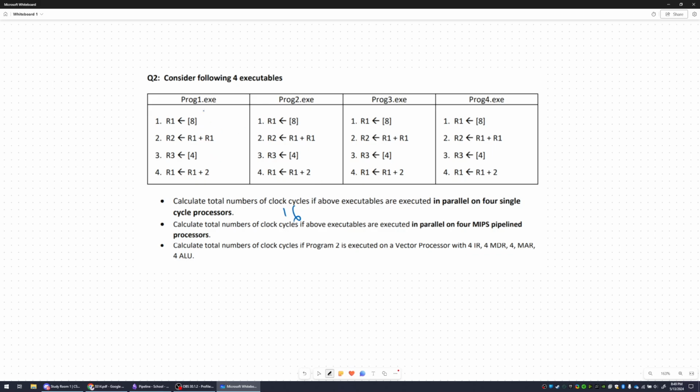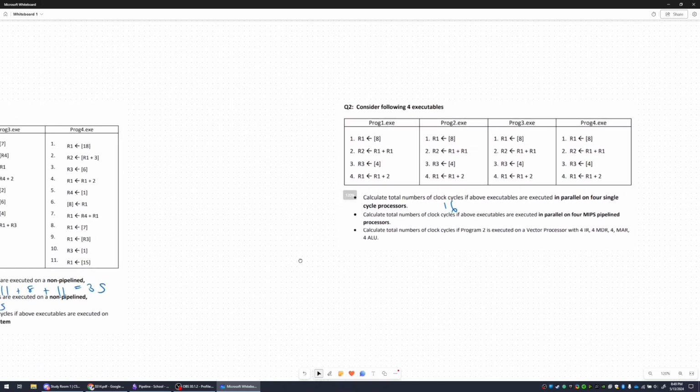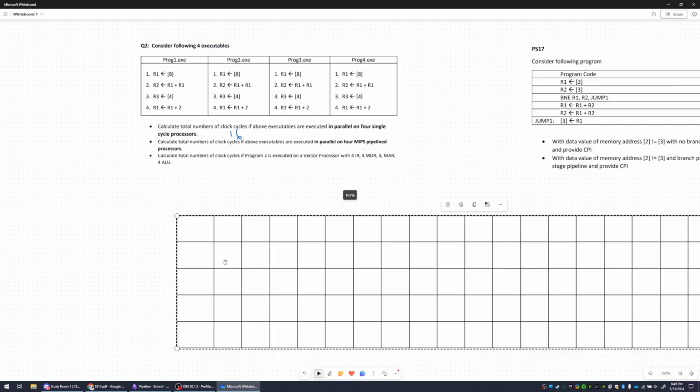Okay, so this code is all the same for each program, so we don't have to do it more than once. But let's do that then. So there's R1. Do I have the chart? Yeah.